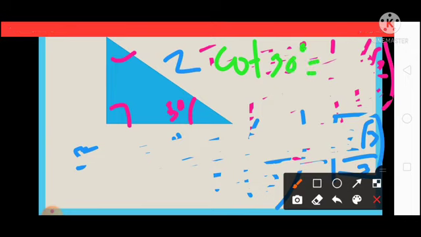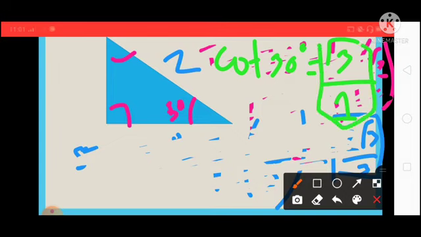Cot 30 degrees is equal to adjacent over opposite, or CAO. The adjacent is square root of 3, then the opposite is 1. So cot 30 is square root of 3 over 1, or square root of 3.